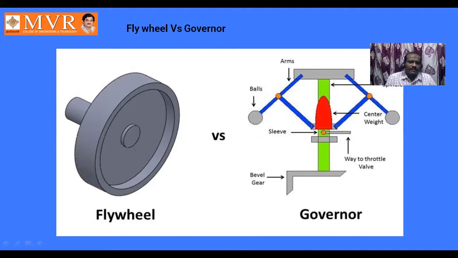Second observation: the flywheel is fitted to a shaft. While the shaft is rotating, the shaft carries the mass of the flywheel. This is how the simple construction of the flywheel appears.